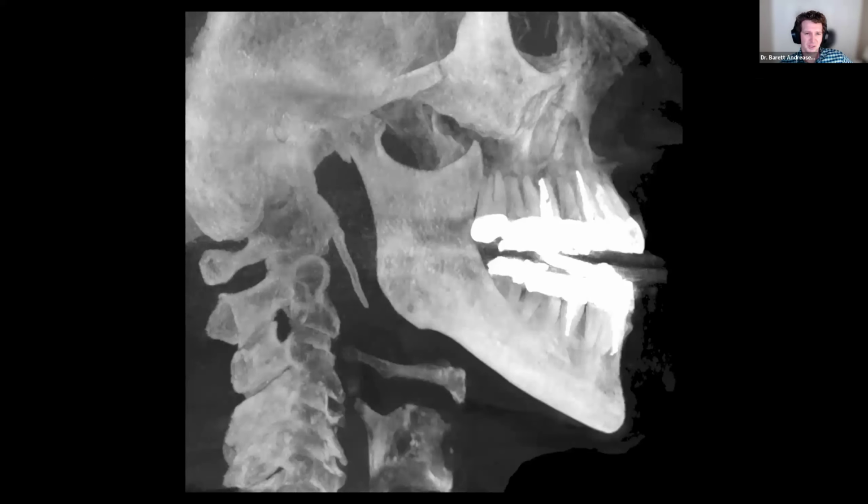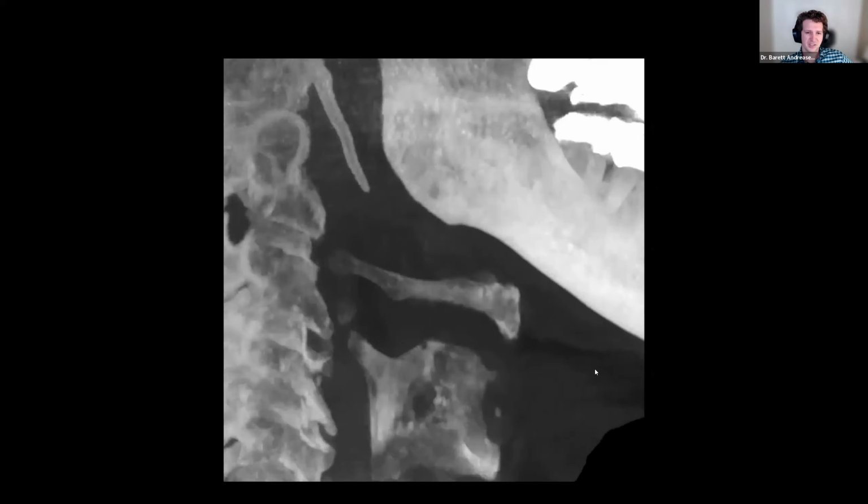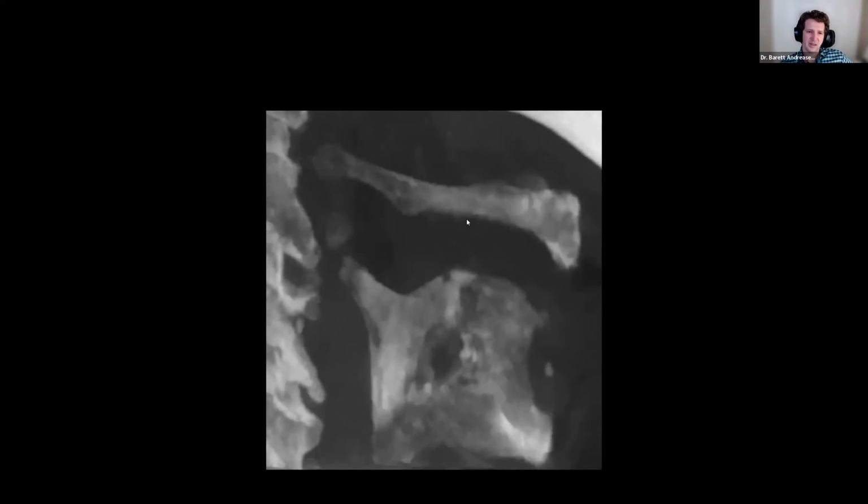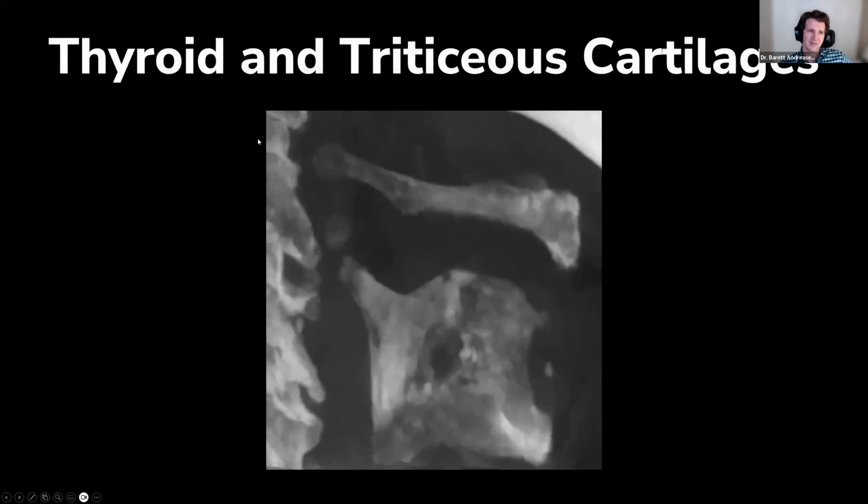So here's an image of a patient with a stylohyoid ligament that you can see extending down to the angle of the mandible, but there are some other calcifications just a little bit further down. So what we have is the thyroid and the triticeous cartilage calcifications. We have our hyoid bone here, and then just right underneath, we have the triticeous cartilage and the thyroid cartilage.